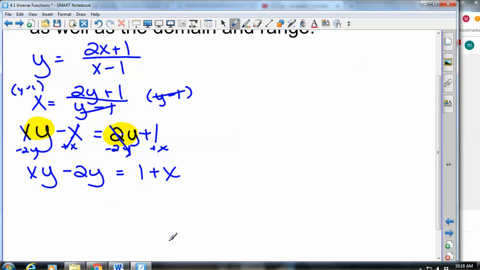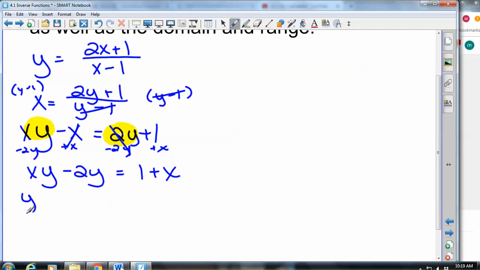What now? We have a y in both terms, but they're not like terms. I can't subtract them. We need to divide. In order to divide, you need two things being multiplied. So what do I have to do before I divide anything?